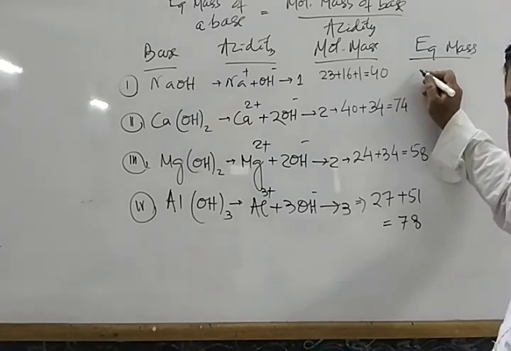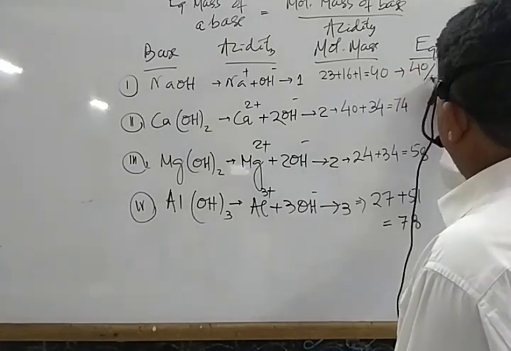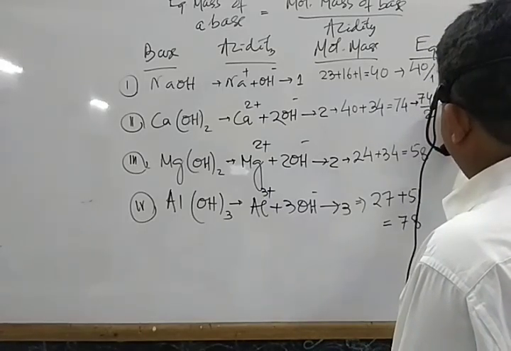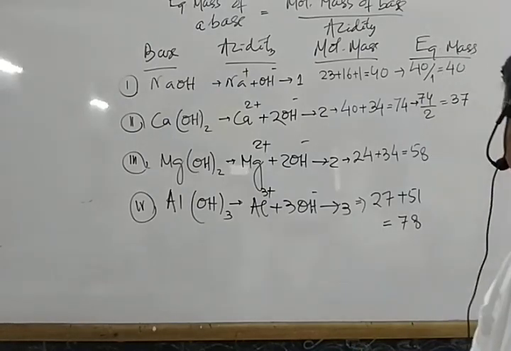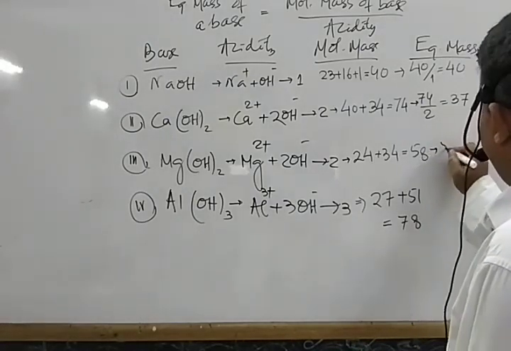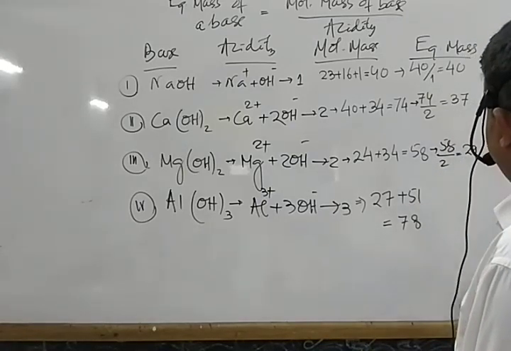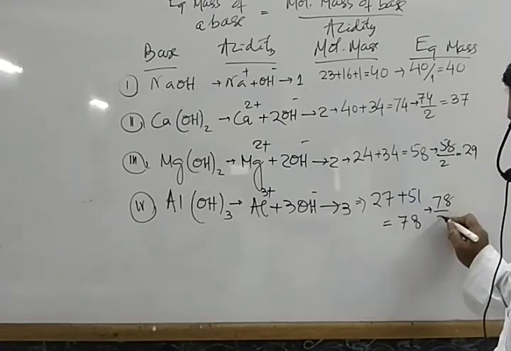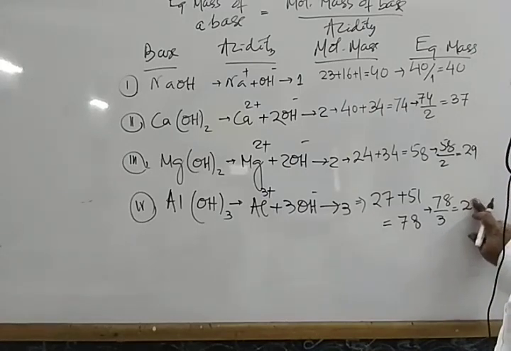So equivalent mass is 40 divided by 1, which is 40. 74 divided by 2, that is 37. 58 divided by 2, that is 29. 78 divided by 3, that is 26.